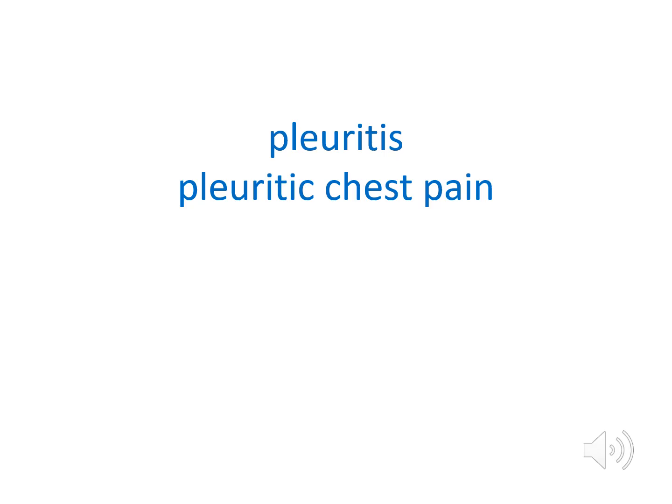Now, pleuritic chest pain is different from cardiac chest pain, because you remember we said that cardiac chest pain was more like chest tightness, or like an elephant sitting on my chest or something like that. Whereas pleuritic chest pain is more of a sharp, stabbing type of chest pain that is aggravated by respiratory movement.